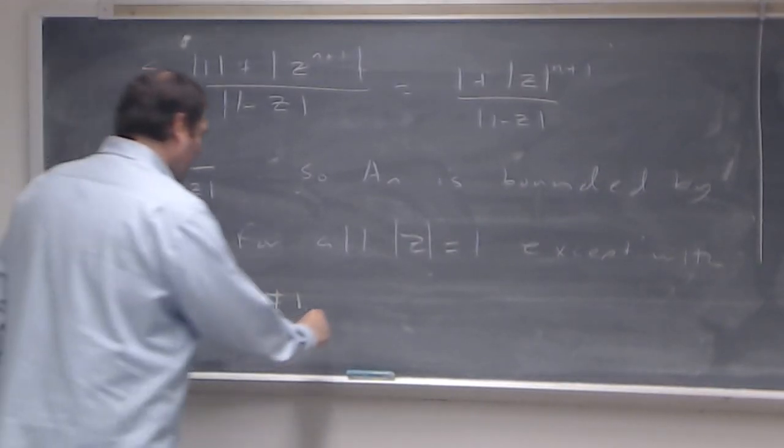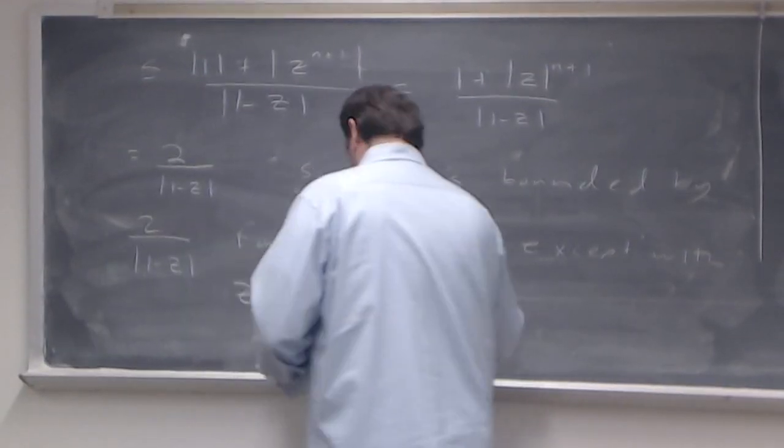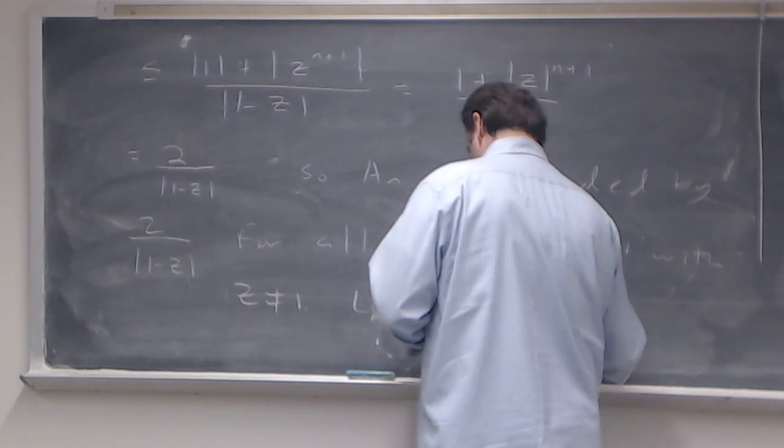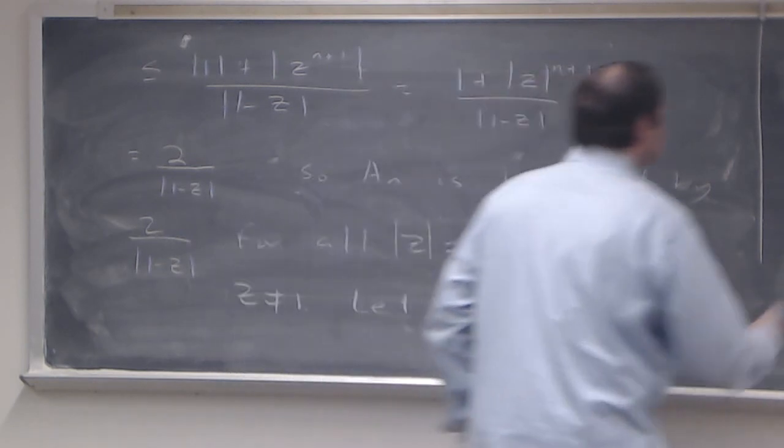Okay? And so what we're going to do is let b sub n be equal to c sub n. We're almost done.